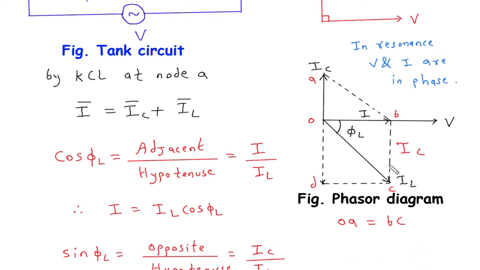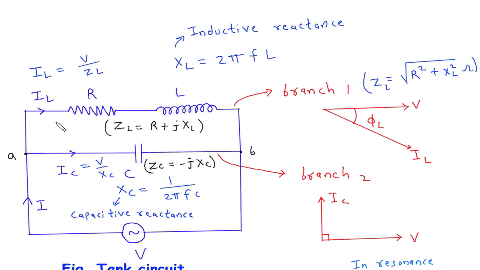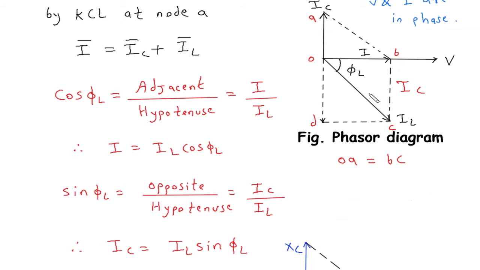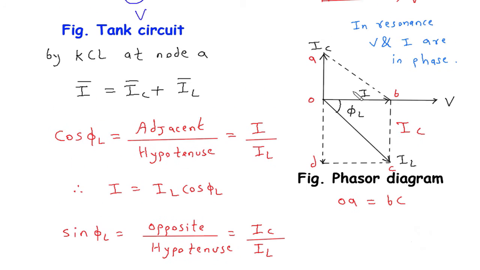And here this IL, the branch 1 current, will be slightly less than 90 degrees, at an angle of phi L. Now here we can see this OA is equal to BC, so this IC will be equal to this IC.